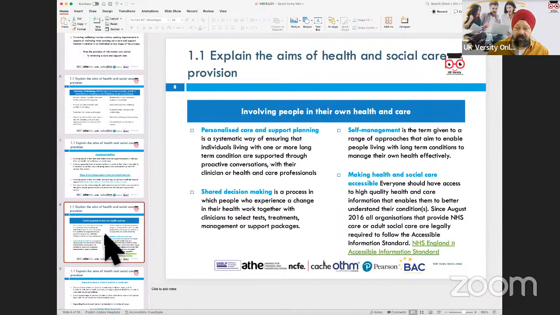Now, one of the other things that we are looking at is when you look at person-centered care, this is something which probably you would have studied in Unit 2 and principal values of health and social care. Here we are looking at essentially involving people in their own health and social care treatment. So you're looking at obviously giving them all the information.